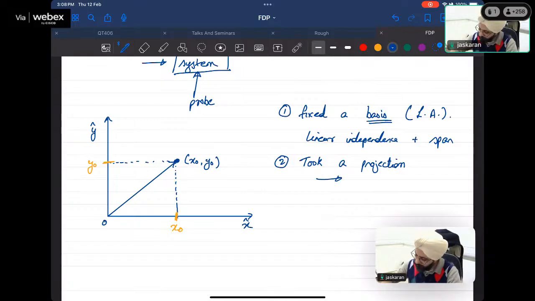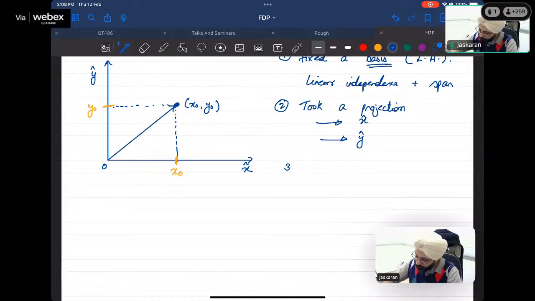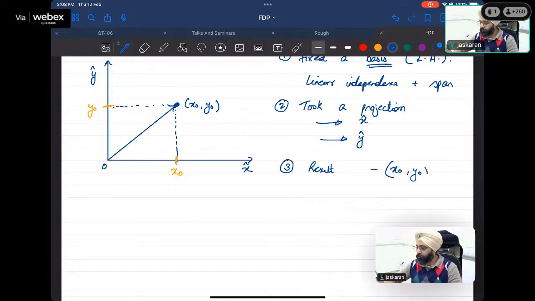We first took a projection along x cap, then along y cap, and the result of this projection gave me the values x0, comma y0, which formed my location.